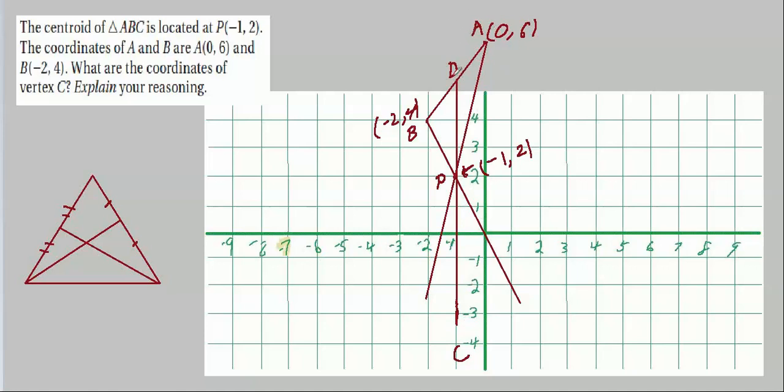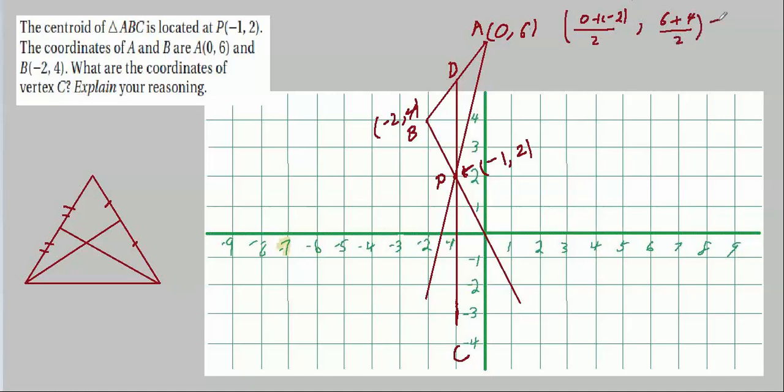Let's get D first. That's the midpoint. And how do we find midpoints? Well, we just take the average of the x-coordinates and the average of the y-coordinates. So we've got 0 plus minus 2 over 2, comma, 6 plus 4 over 2.